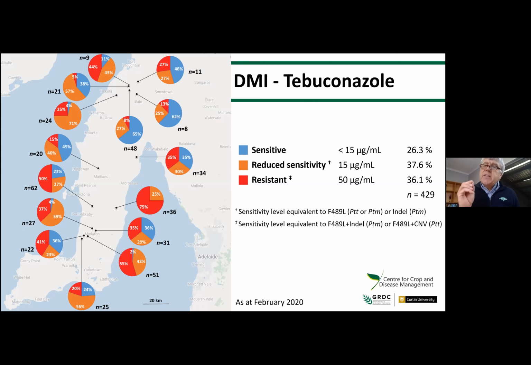Now, in fairness, tebuconazole is not a great product against net form of net blotch. But what these results show is the degree of shift in the population towards resistance.